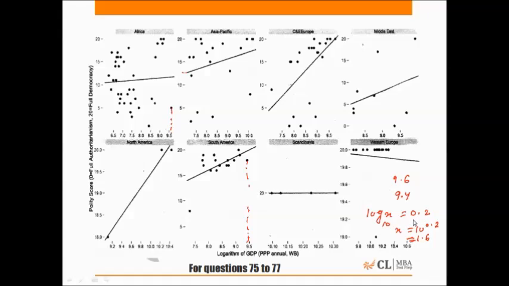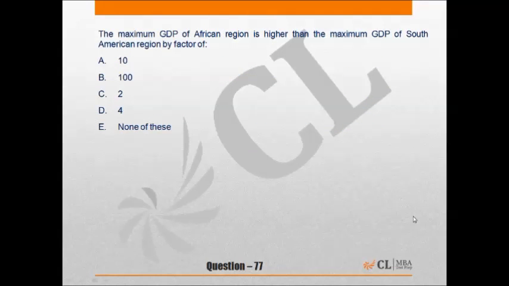So the maximum GDP of African region is 1.6 times the maximum GDP of South American region, and none of the first four options contain this figure. Therefore, option E is the correct answer.